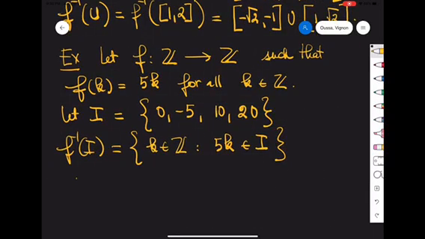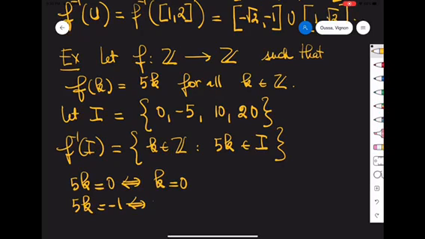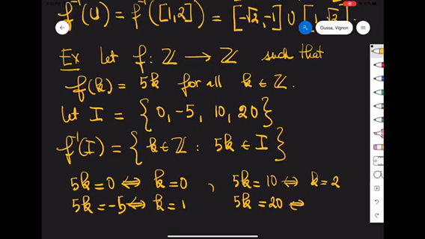Now notice that 5k is 0 if and only if k is 0. 5k is negative 5 if and only if k is negative 1. 5k is 10 if and only if k is 2, and 5k is going to be 20 if and only if k is 4.